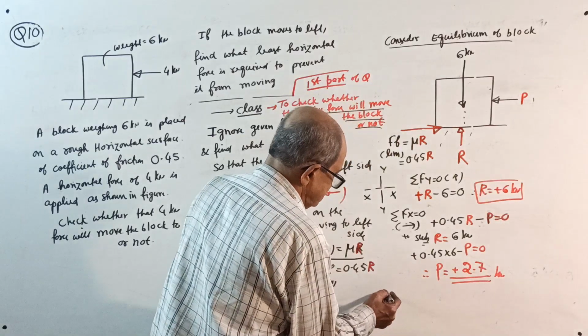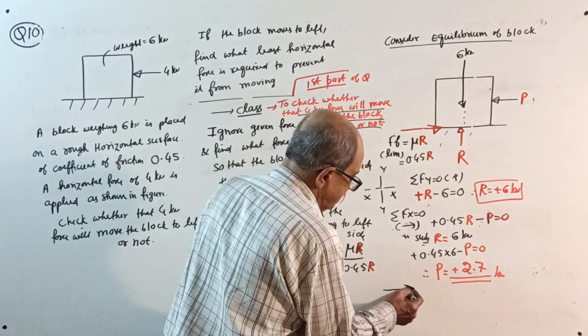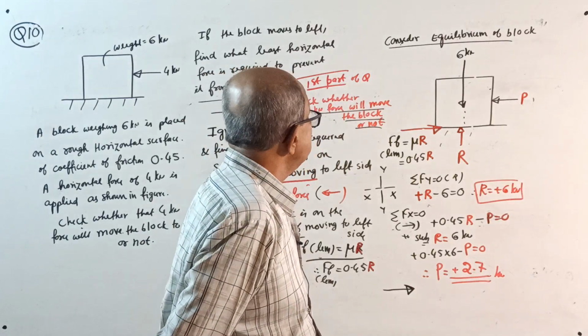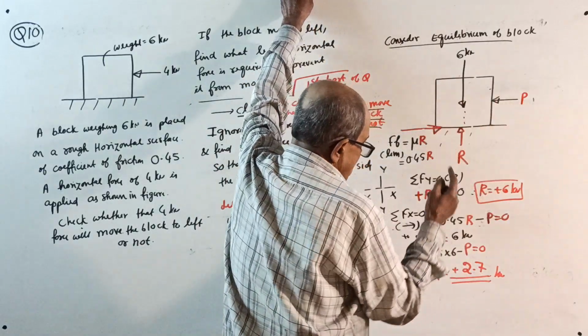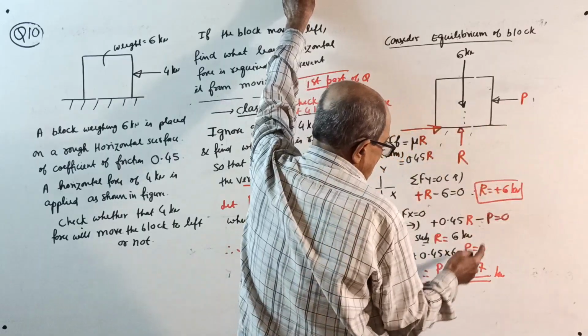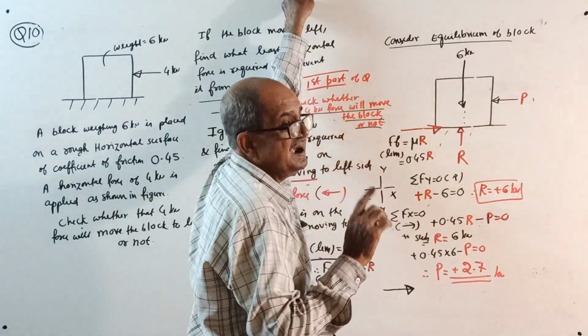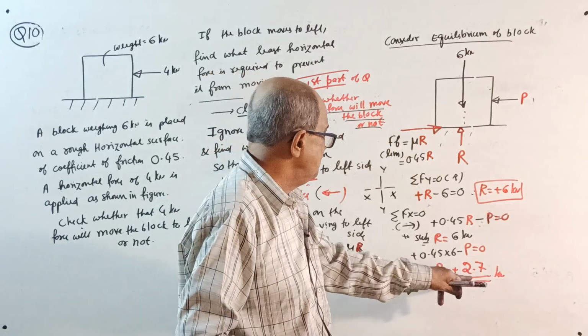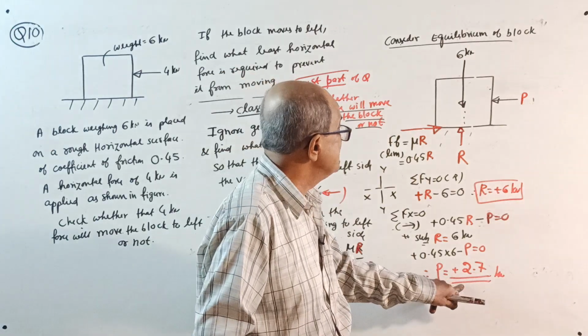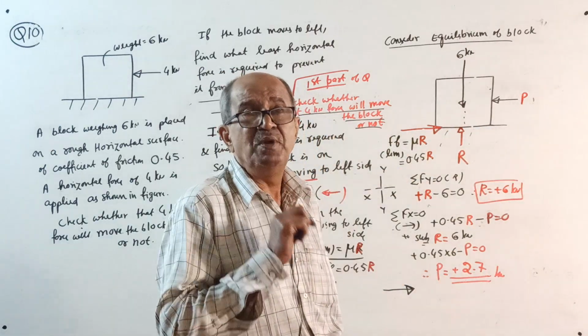Now, the verdict. Write everything. Therefore, the block is on the verge of moving to left side when the horizontal force to left side of 2.7 kilonewton is applied. Means if we apply any force more than 2.7, the block will move. At 2.7 it is on the verge of moving.